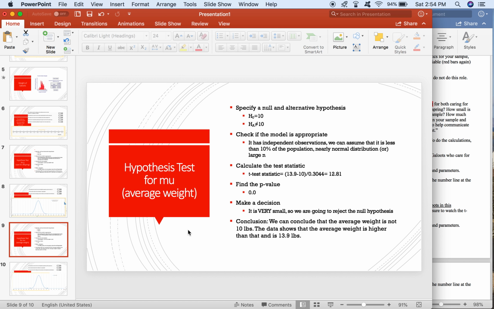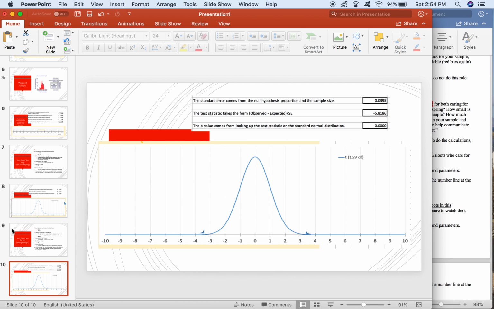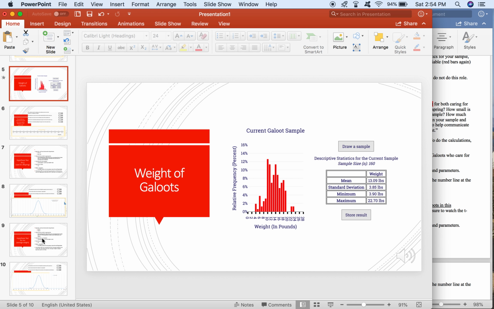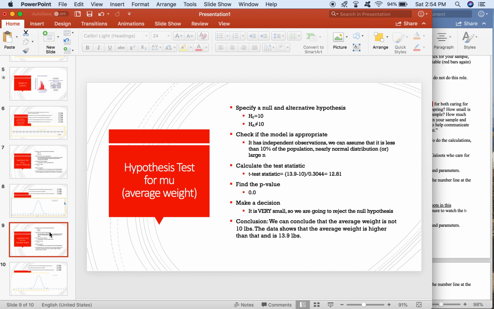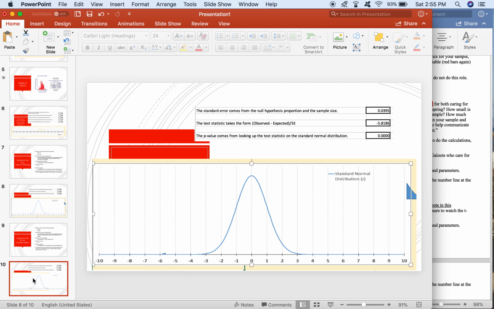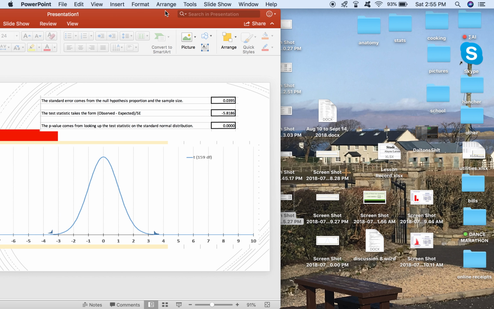Then I went ahead and calculated the test statistic. It was the t-test statistic, so it was the average weight minus the null hypothesis value, and then we divided that by the standard error. Sorry, I think I put the wrong graph in.